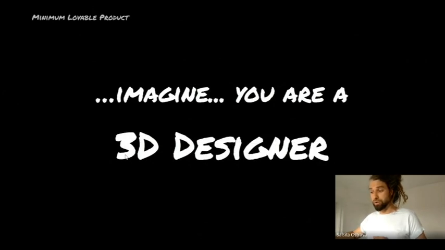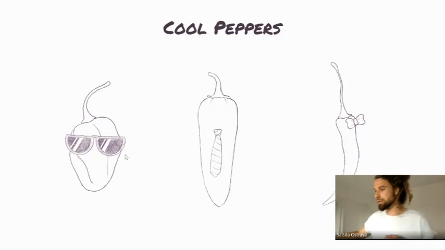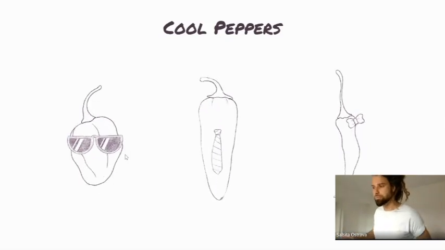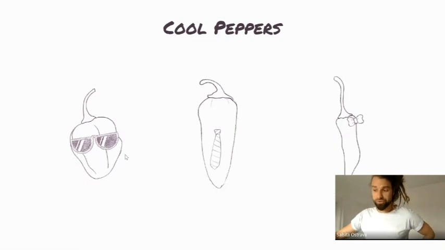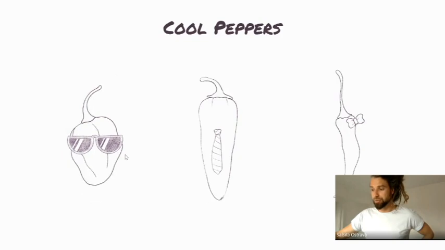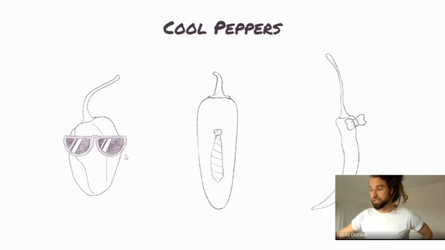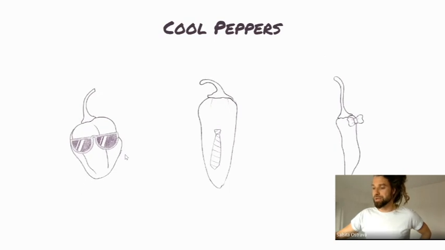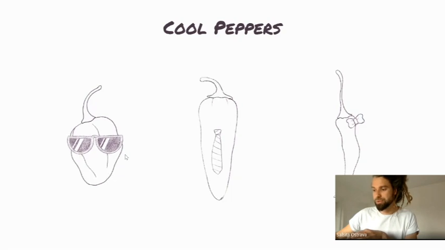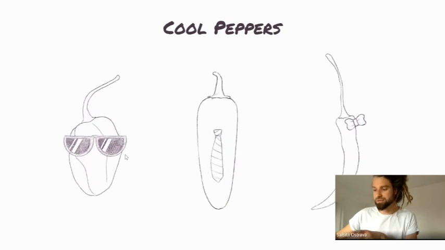And right now, imagine that you are a visual designer, and look at those cool peppers. That's what Ahmad made for our configurator website, and we have 3D models of those 3 chili peppers. And Ahmad came with the idea to make it cool. For example, what happens if you add sunglasses to the chili pepper?